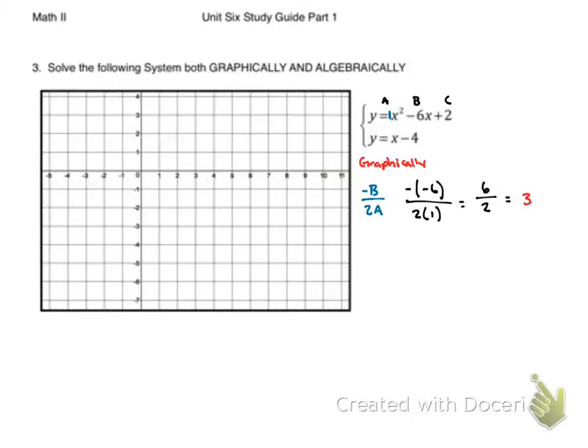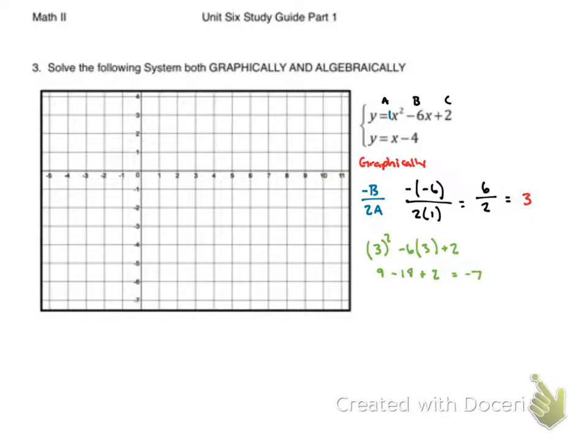We're almost done with the vertex. We need to find the y value now. So far we have the x, 3 is x. To find the y value, we take our 3 and plug it back into our equation. So we have 3 squared minus 6 times 3 plus 2. This is 9 minus 18 plus 2. 9 minus 18 is negative 9, plus 2, we're looking at negative 7.